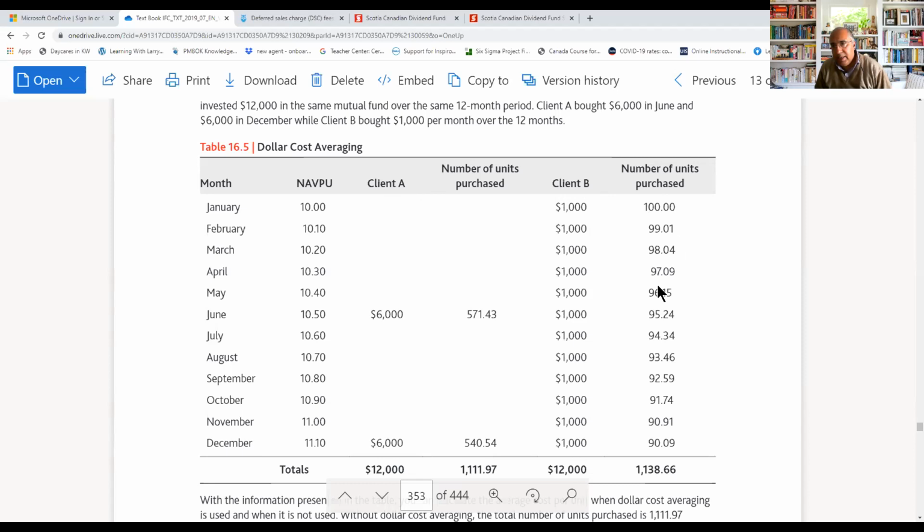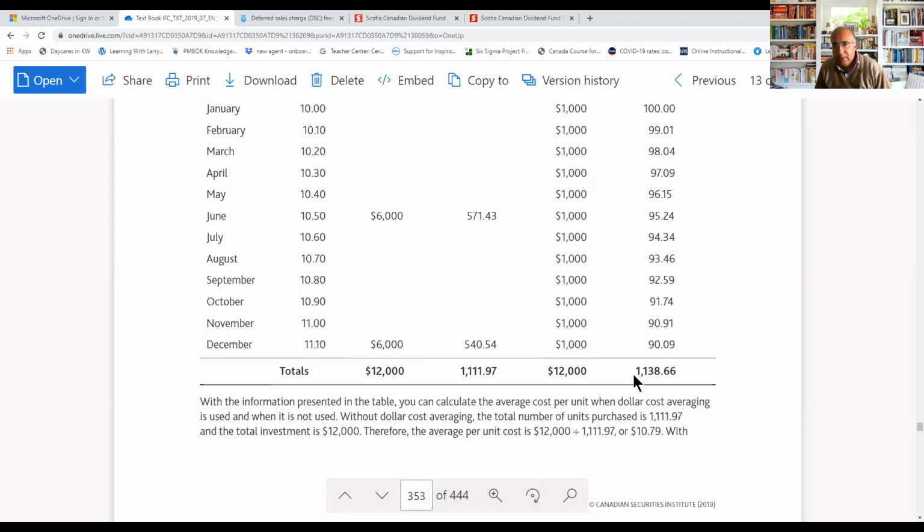So every month, as the price is going up, the number of units purchased is going down. When you add this all up, this person is going to get 1,138 units. So for the same money, this person is going to get more units, and their average price is lower also.